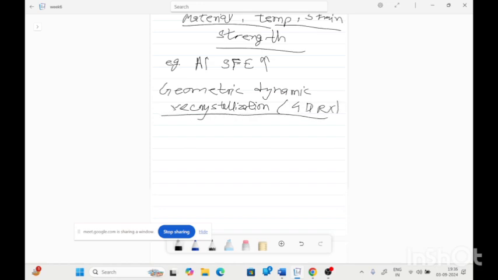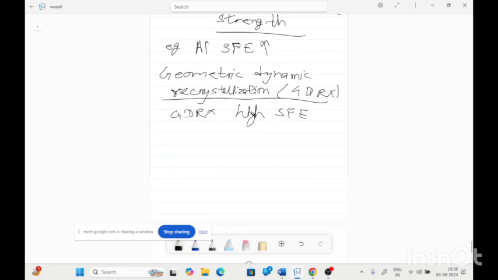GDRX also occurs in high stacking fault materials. For GDRX, high stacking fault energy is required, and a critical strain.